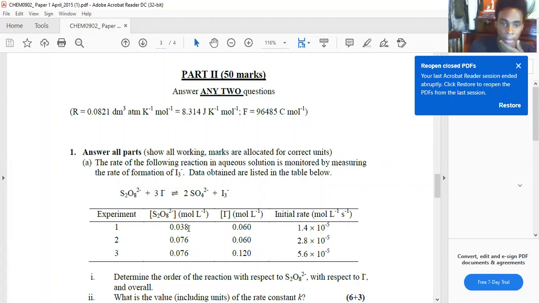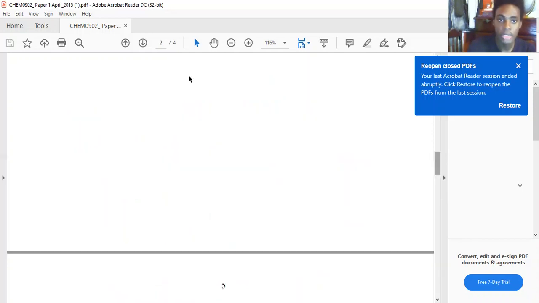Those two experiments will be experiment 1 and experiment 2. Different value for sulfur, same value for iodine. The reason we need the same value for iodine is because we want to get iodine out of the equation, so we leave sulfur in. You're going to see that after.